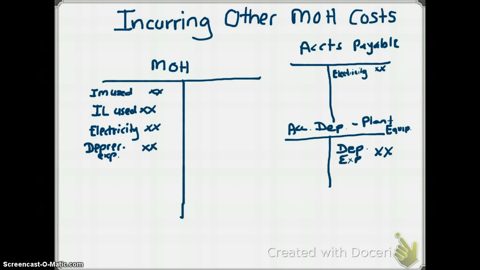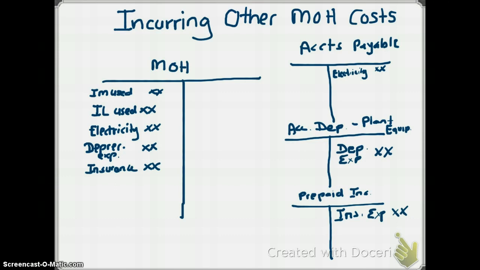You may have insurance, plant insurance. You would debit your manufacturing overhead, and if you paid your insurance in advance, you would credit your prepaid insurance for the amount of insurance used up. So this is the journal entry to record incurring manufacturing overhead costs. Next, let's look at the journal entry to allocate manufacturing overhead to jobs as it occurs.